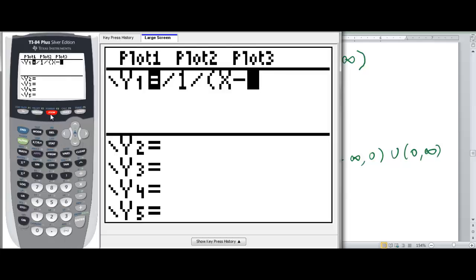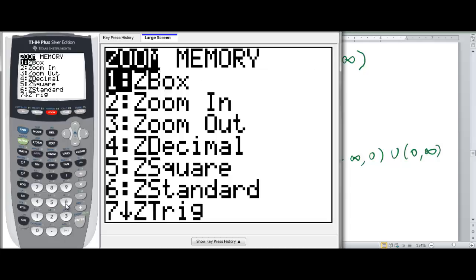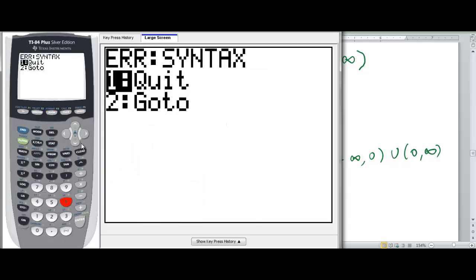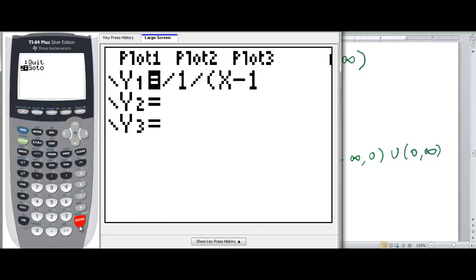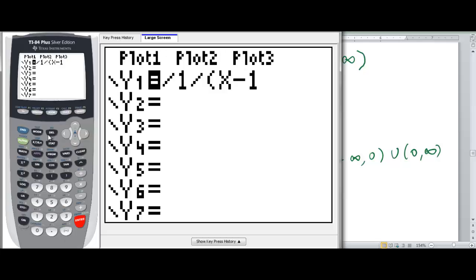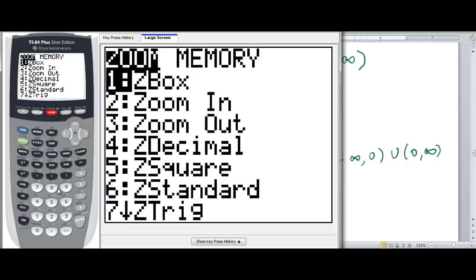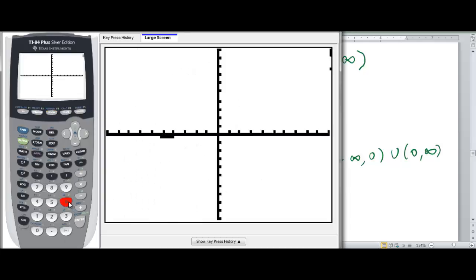My window is some weird window, so let me just go to zoom 6, zoom standard. Oops, something happened here, and if that happens, go back. I have a little error there. Okay, so now I can go to zoom 6. And you'll see that there's an asymptote at 1, so x cannot equal 1, and there's an asymptote at 0, y cannot equal 0.